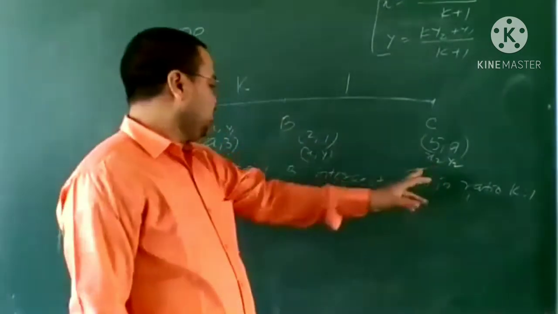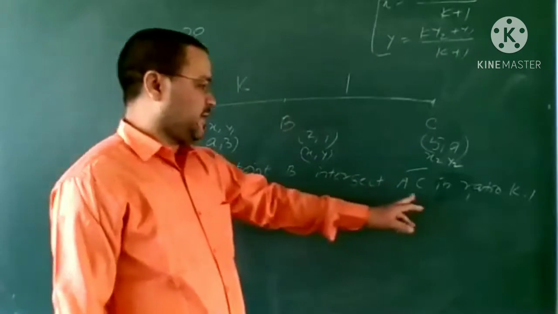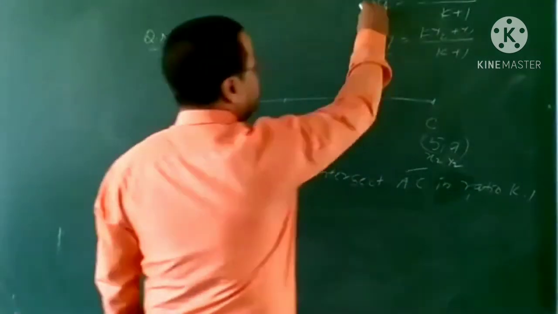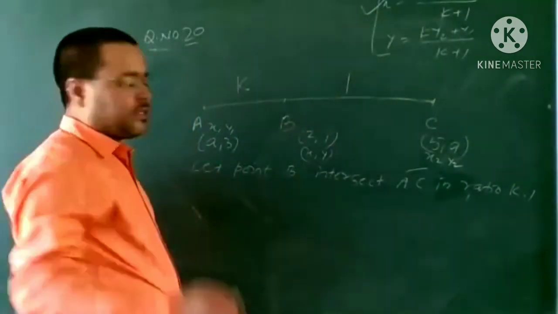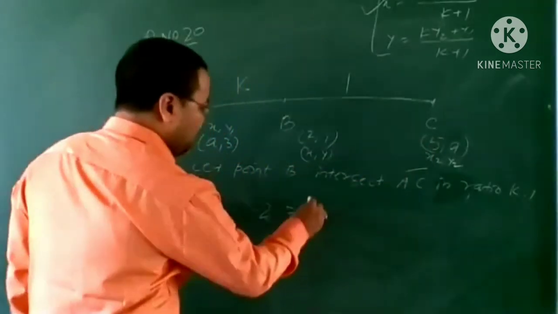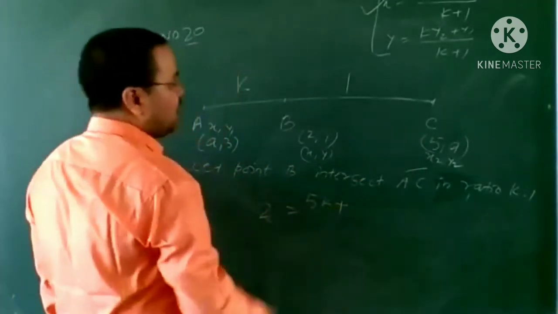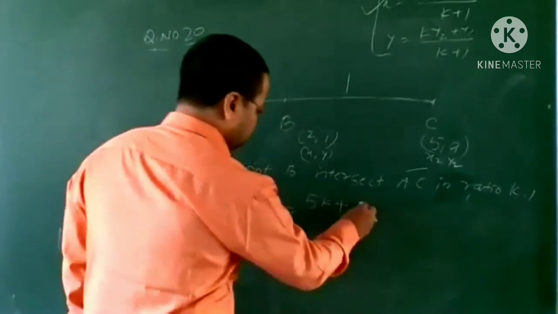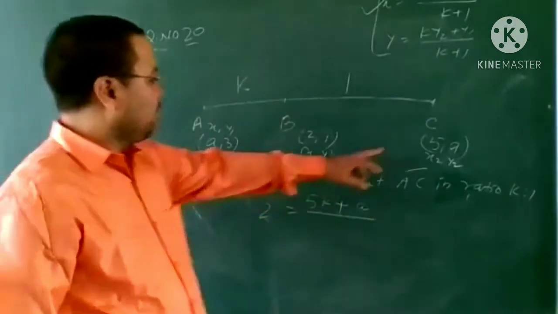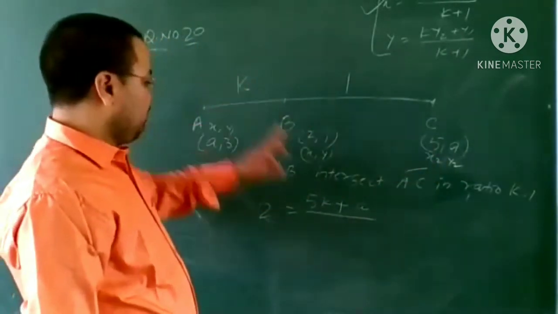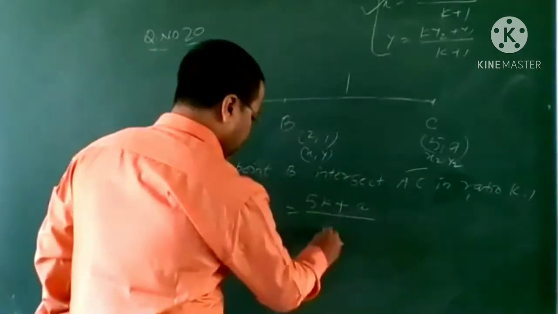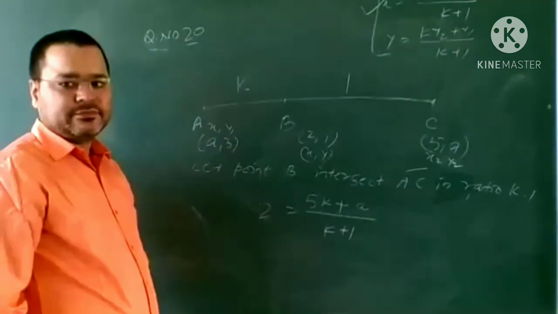Here A, B, C. Let point B intersect AC in ratio k is to 1. Then using this, x is equal to, and what we are assuming x, that is 2. Then 2 is equal to (5k plus a) upon (k plus 1). Getting?